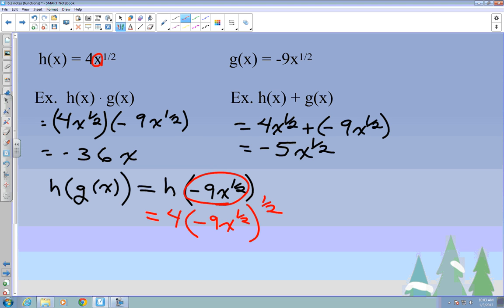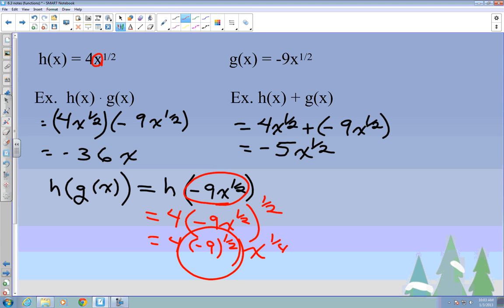Now, we have a problem with this. Everybody see what the problem is? The powers. Here, let's go ahead and simplify this. 4, negative 9 to the 1/2. X to the 1/2 times 1/2 is 1/4. What can you tell me about that right there?